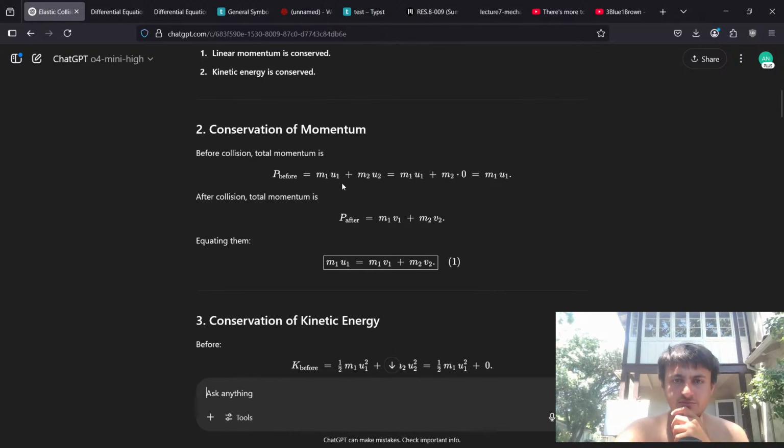Okay, so before collision, the total momentum is so. Okay.